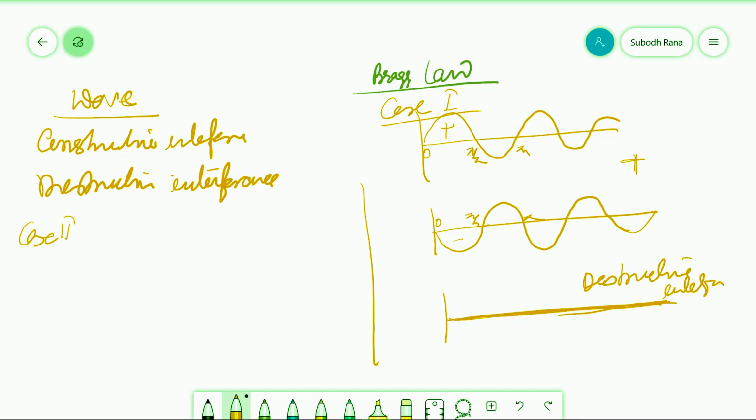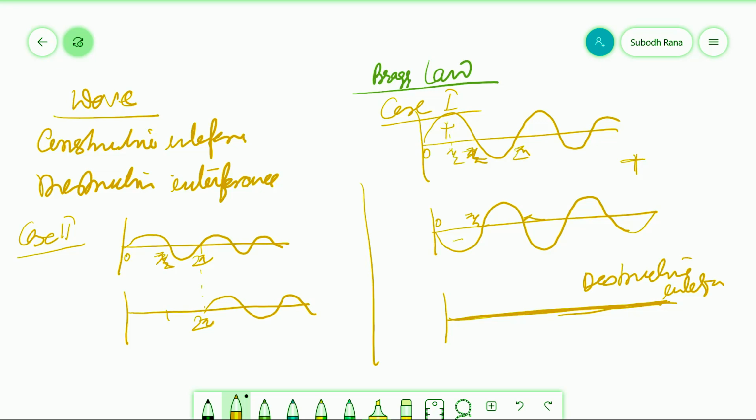Suppose this is case 2, where a wave is like this, and your second wave starts from here. Here also it is pi and 2 pi, so your pi by 2 will be here.